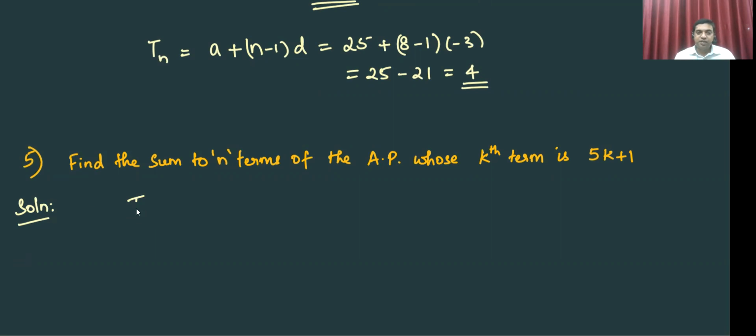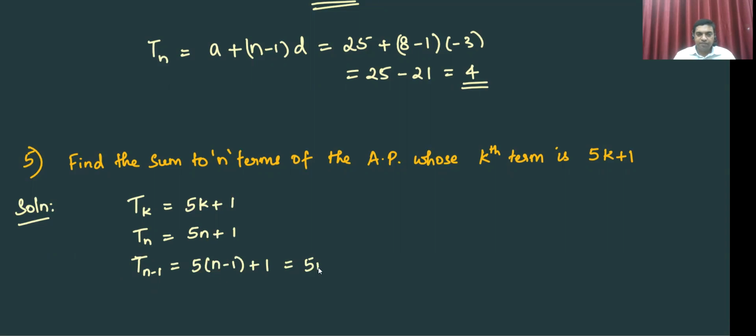Now kth term tk is given to be 5k plus 1, or nth term will be 5n plus 1. N minus first term will be 5 into n minus 1 plus 1. This is 5n minus 4.